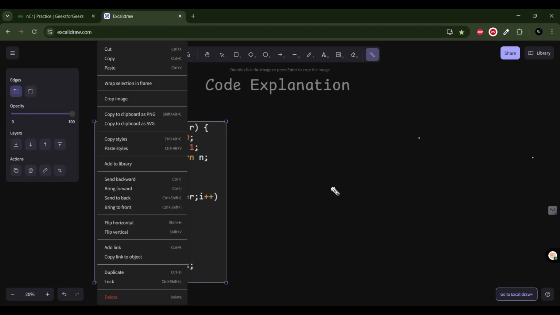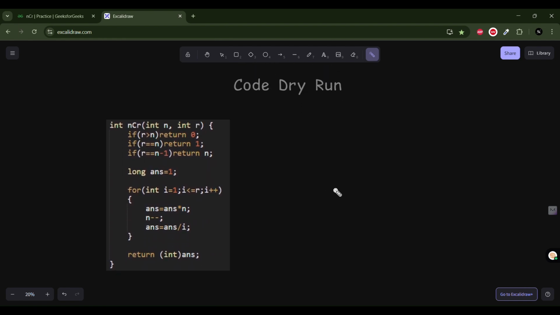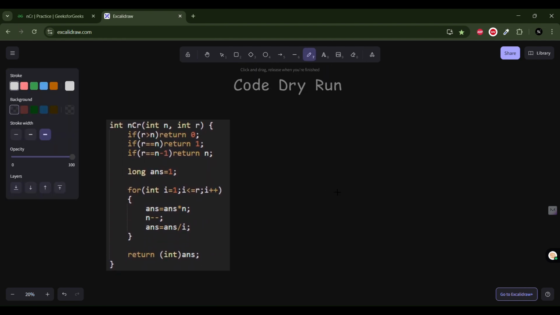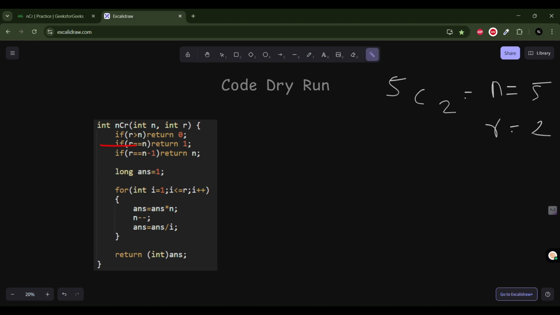Now let's see the dry run of this. Suppose it is given like 5C2, so n is 5 and r is 2. Let's check the first condition. If r is greater than n, no, r is not greater than n.